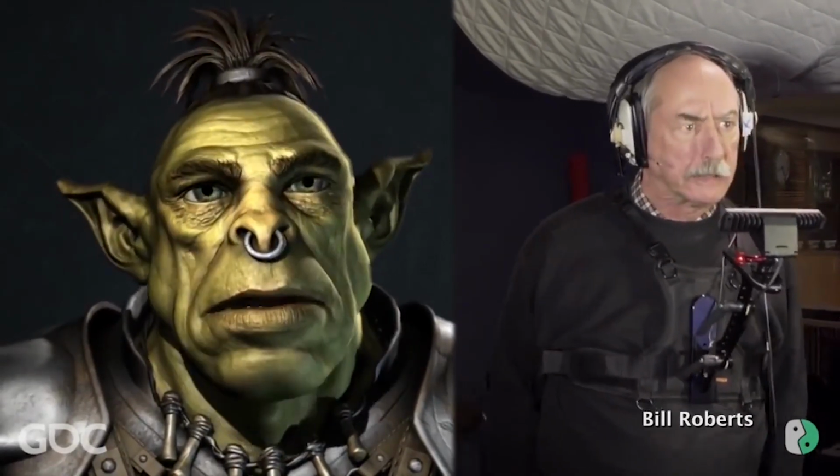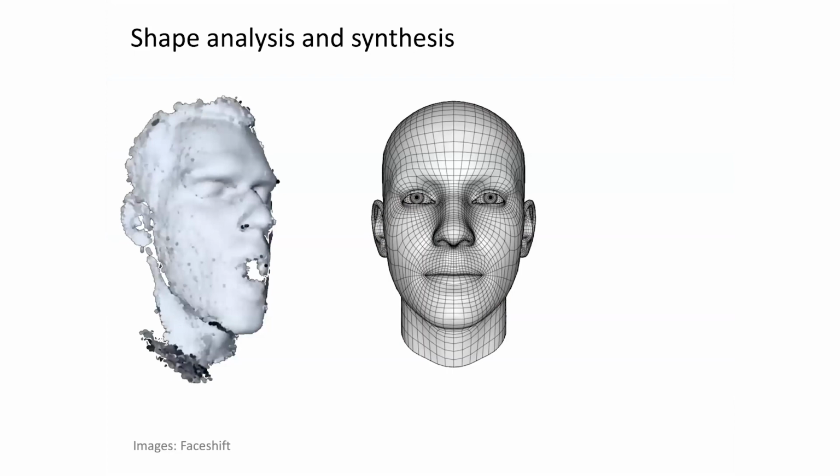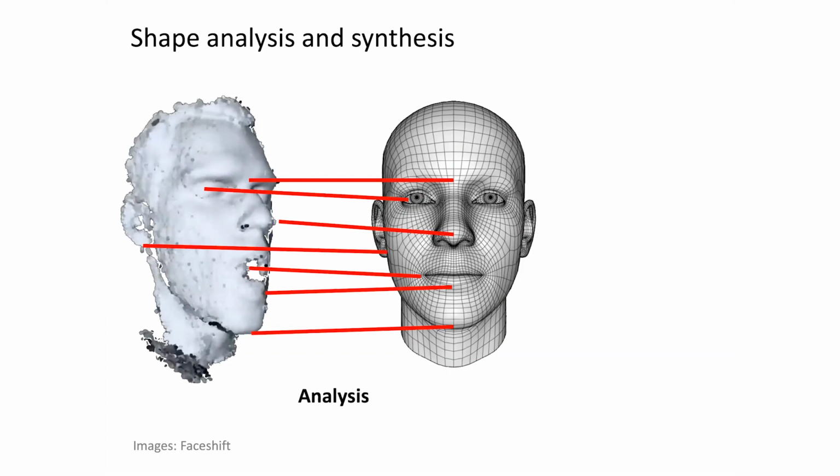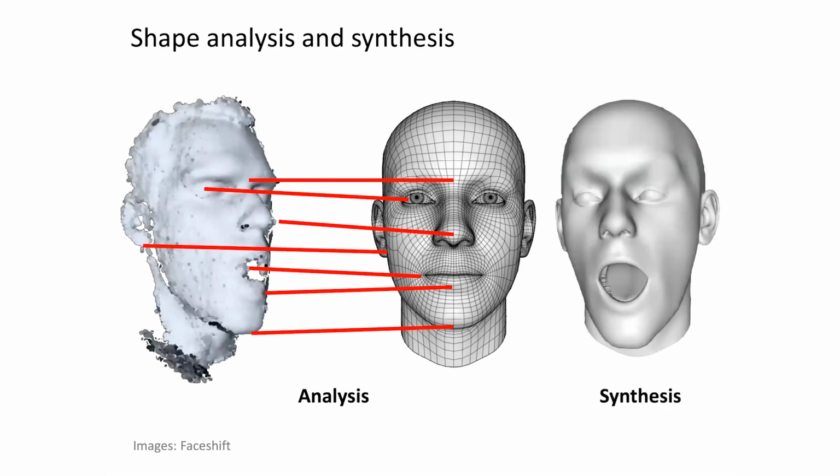The system takes an input from a 3D scanner, and then it has to solve two problems. First is to find correspondence between the noisy input and some canonical model of the face. And second, synthesize the new expression that corresponds to the input expression from this canonical face. And this way you get a real-time animated avatar that looks like this green Shrek-like creature.